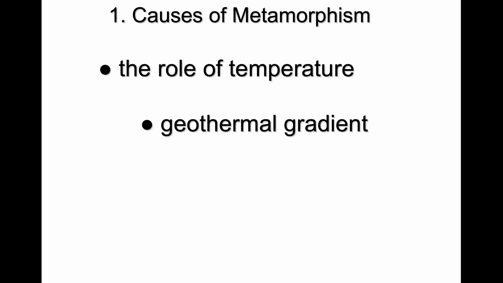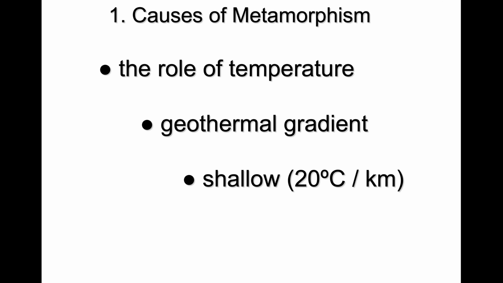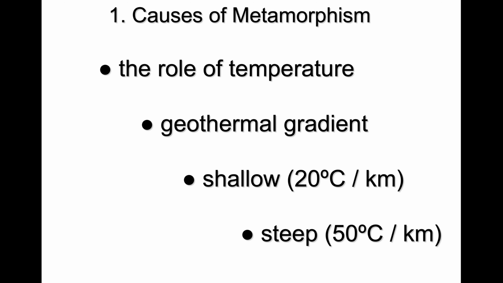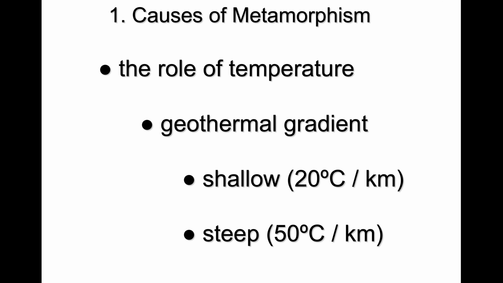For example, here in Namibia, it is of major importance that we understand the geothermal gradients in the crust, because if we are dealing with a high geothermal gradient, then we can use this, for example, to produce energy. We are talking about a shallow geothermal gradient when we are dealing with about 20 degrees Celsius per kilometer. That is not too much. And we are talking about a steep geothermal gradient if we are dealing with a temperature of about 50 degrees Celsius per kilometer.